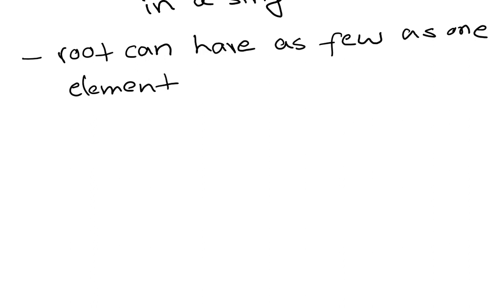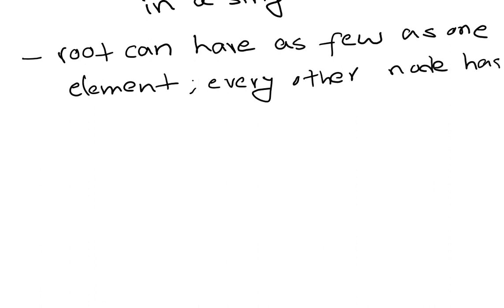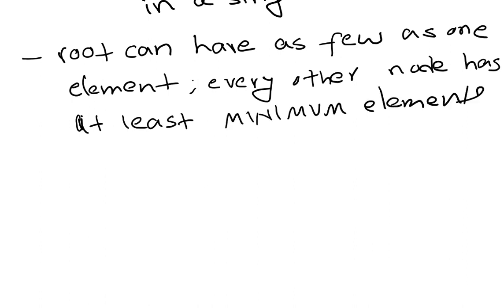So the root can have only one element, and every other node must have at least the minimum number of elements. The minimum means every node should have two. This should be satisfied again.